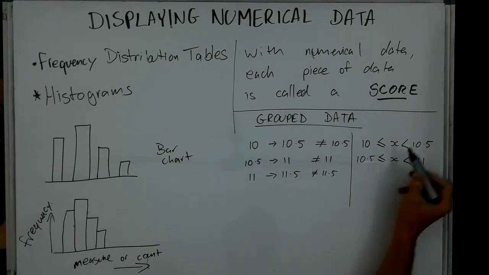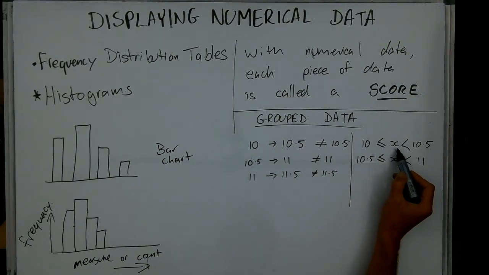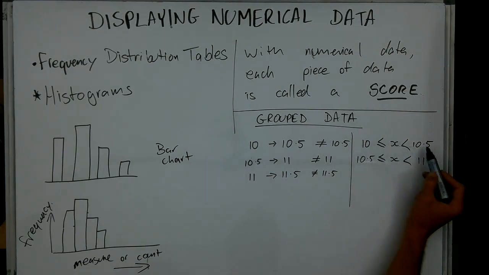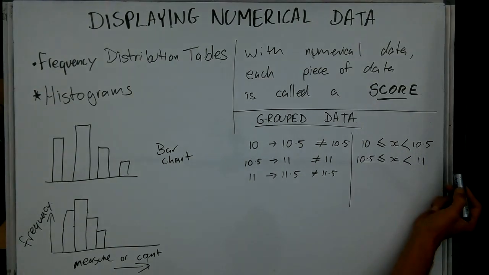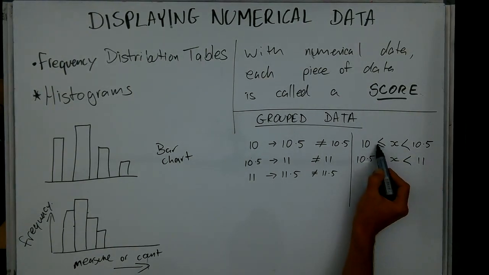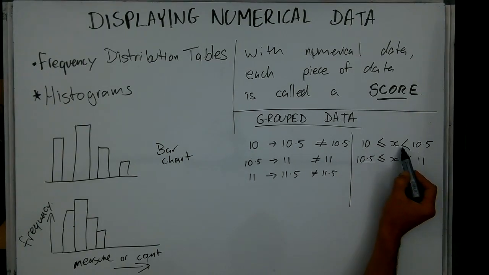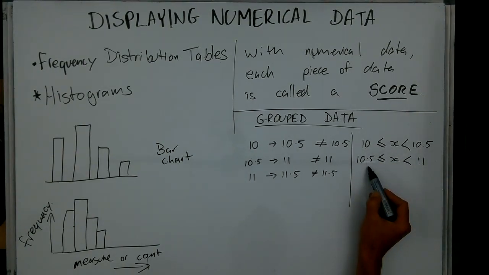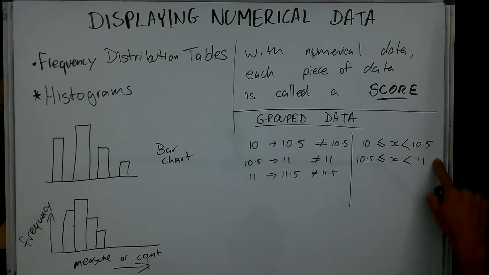This x is our scores, and things in this category are greater than or equal to 10 but less than 10.5. It can be equal to 10 but not equal to 10.5, because that's the next category. So this is another way you might see it written.